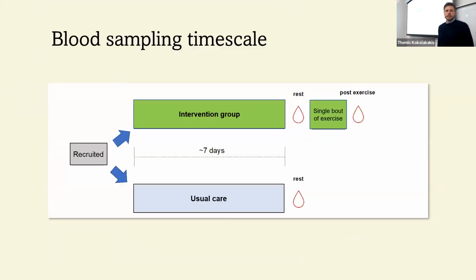Because we only had a limited budget, I had to be very selective when I took the blood samples. Ideally, I would have taken blood samples after recruitment and then again after the intervention period. But I chose to compare the intervention group to the usual care group after that 7-day period, and also to look at any changes in BDNF immediately after a single bout of exercise.